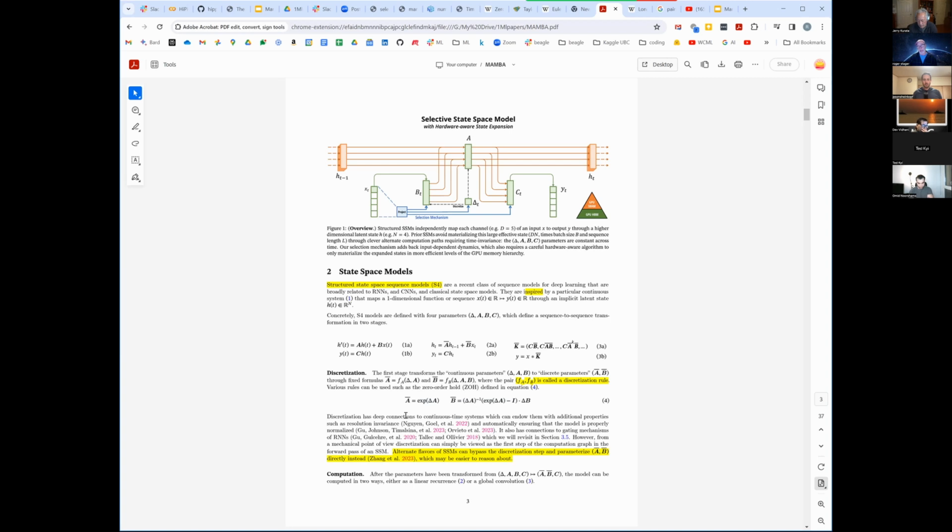This is just one of the ways that you can convert continuous to discrete. And I think it's that modulation of the delta that controls the steering. I could be wrong there, but I think that's correct. Okay, thank you.